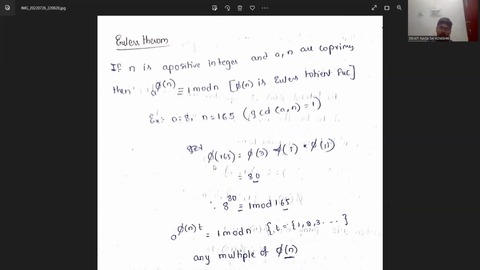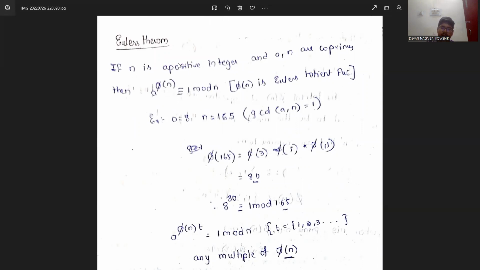Now 165 can be written as 3 cross 5 cross 11, and all these numbers are co-prime to each other. By solving this, we get phi of 165 equal to 80.